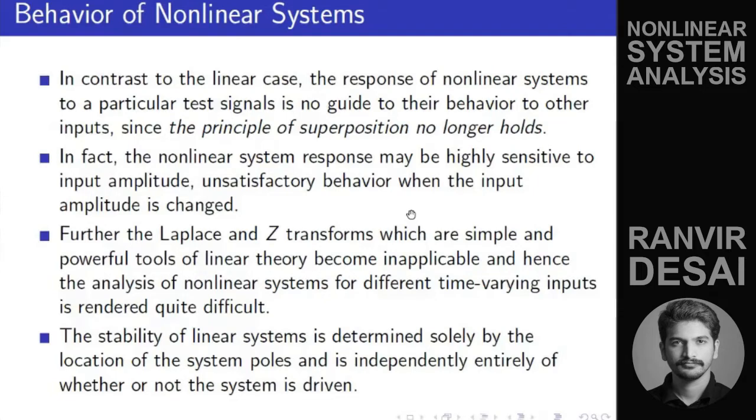Now if you compare y1 and y2, they will be similar in the case of linear systems, but they may be different. Maybe, I'm saying maybe, depending on the type of nonlinearity that the system has. They may be very different in the case of nonlinear systems. Okay, let this sink in.